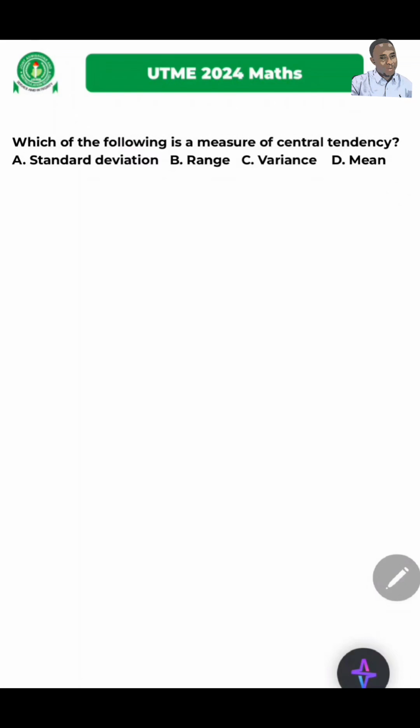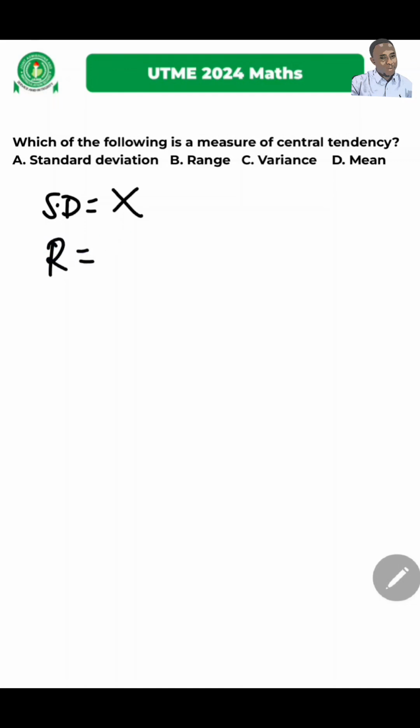Good. Question 8. Which of the following is a measure of central tendency? Option A says standard deviation. The standard deviation is a measure of spread because it measures the spread or dispersion of data, so it is not a measure of central tendency.